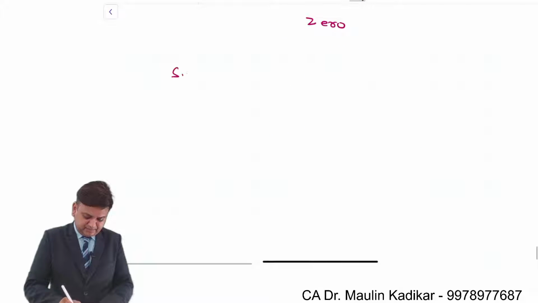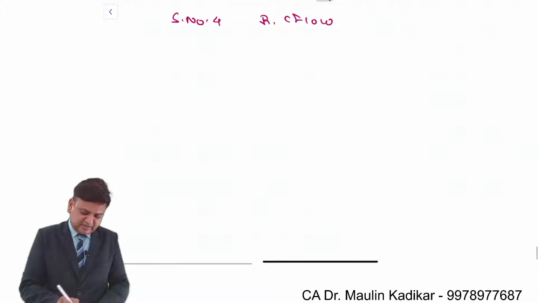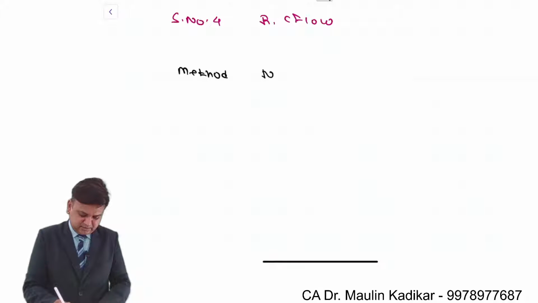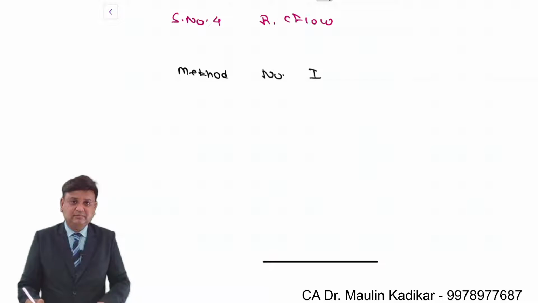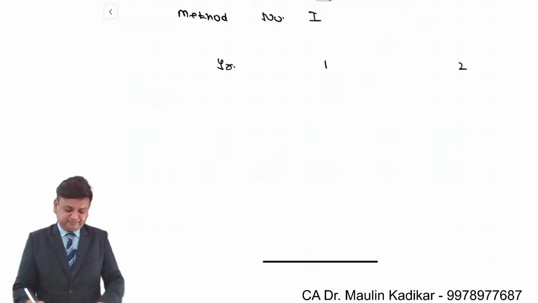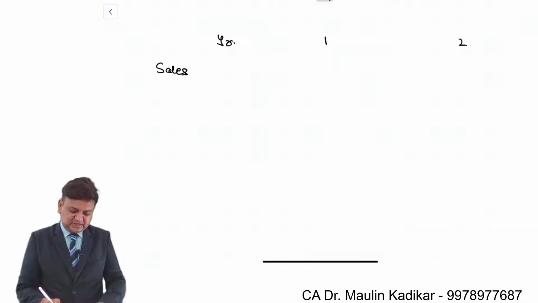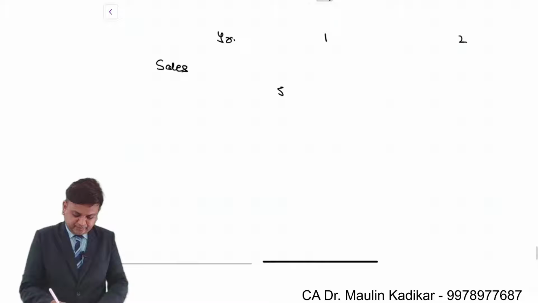Step number 4, the recurring cash flow. As far as the recurring cash flow is concerned, it can be calculated by 2 methods. Method number 1. Let us understand that in first method how we can do the answer. First year and second year. We will start with the sales value. 5,000 number of units into 180.